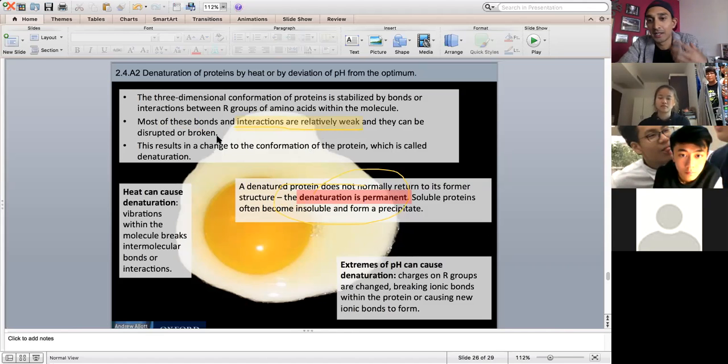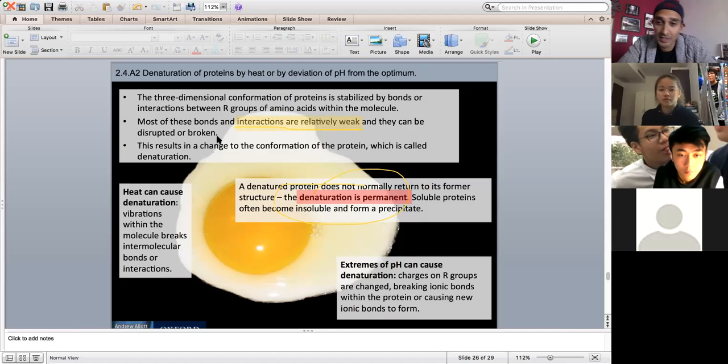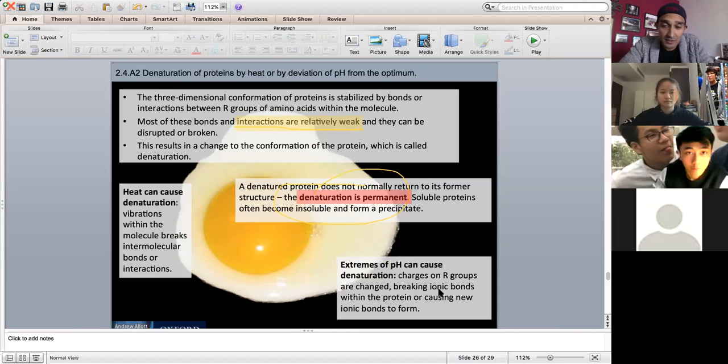They can be messed up by the pH being either too acidic or too basic. Why? Because you're shoving in a whole bunch of like positive charges or negative charges, depending on what you're talking about. And they're going to make new bonds and just mess up. Like we have that nice blob shape, whatever it needs to be, but then suddenly it starts to fall apart and now it doesn't do what it was meant to do initially.